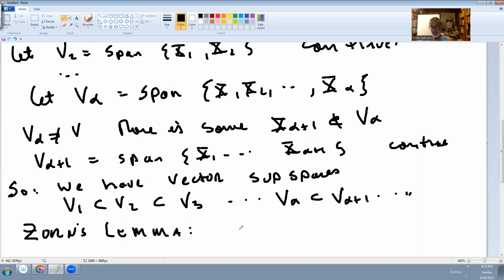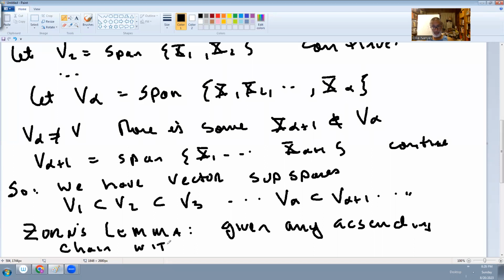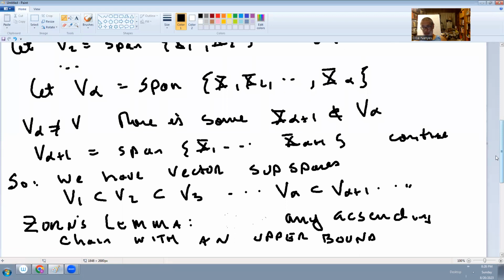And what Zorn's lemma says is that any ascending chain with an upper bound, and I'll explain what that means in a second, has a maximal element. I'm phrasing this terribly, so let's get rid of the given part. That was clumsy of me.